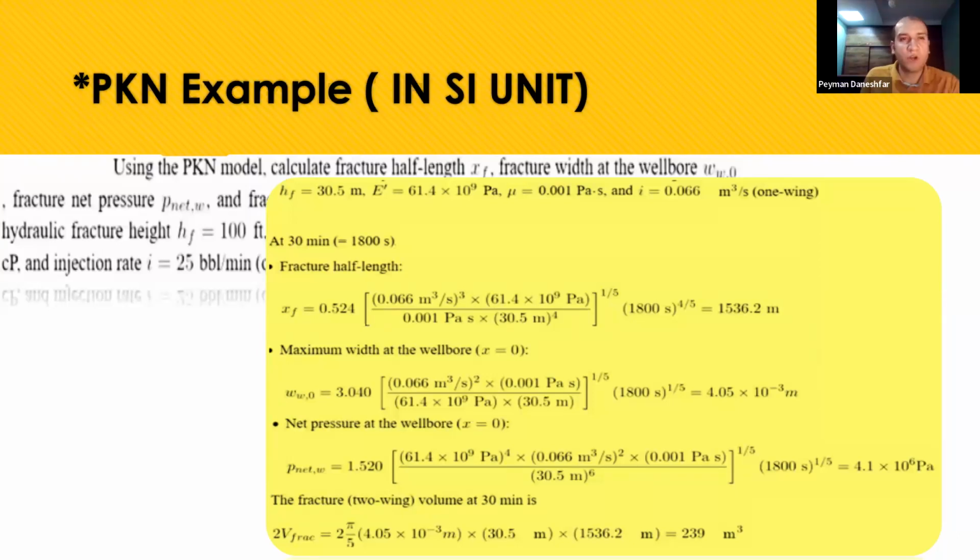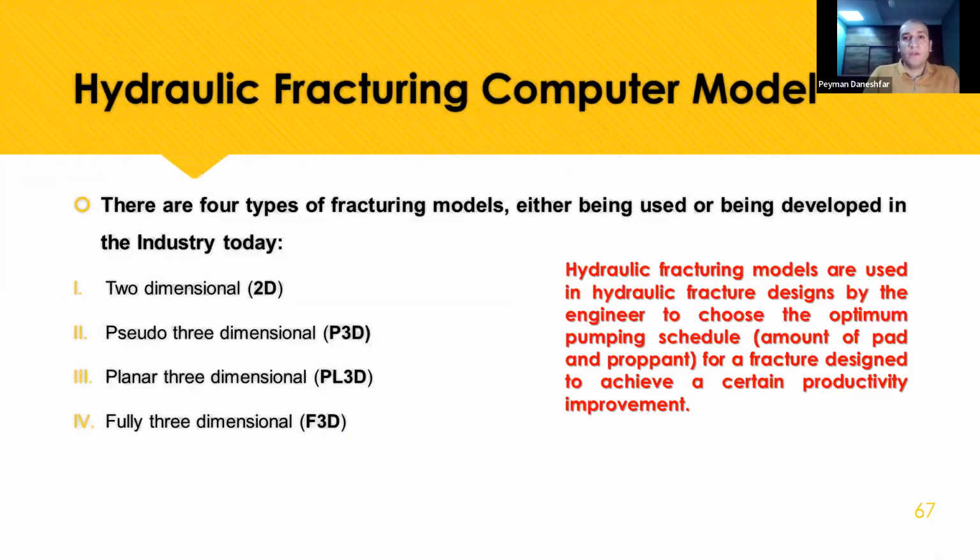It's important that when we want to calculate the volume, we calculate one wing, but we should know that this is only one part of the fracture. We should calculate twice the volume.